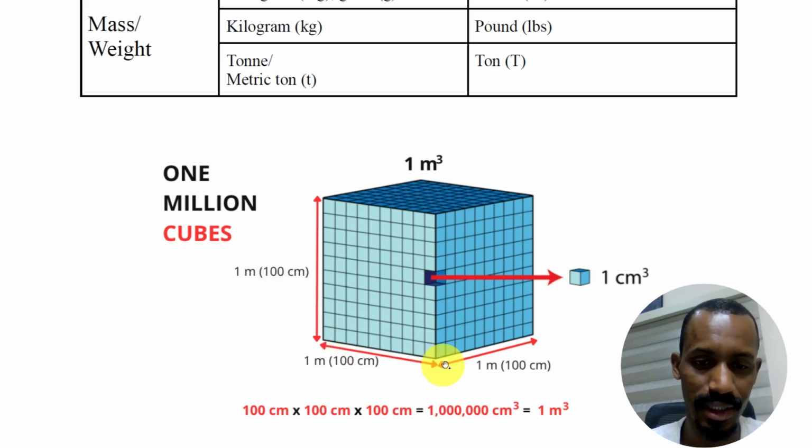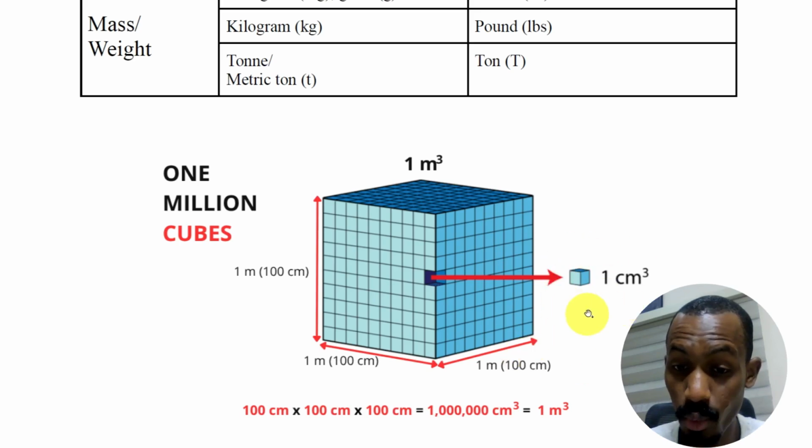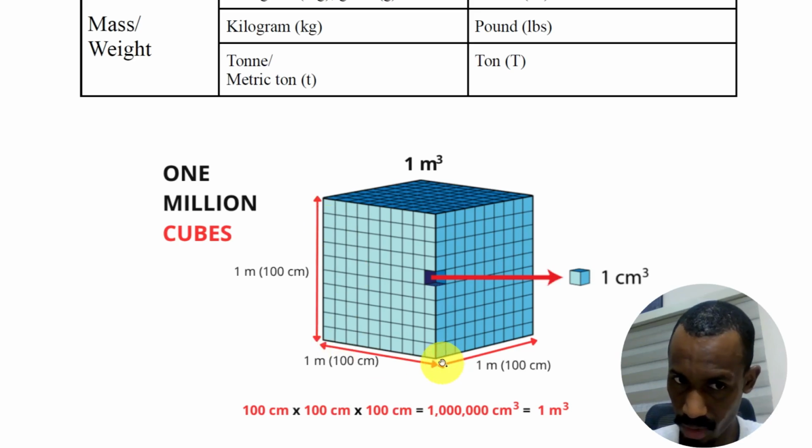So 100 centimeter times 100 centimeter times 100 centimeter gives you 1 million centimeter cubes. That means you will need 1 million of these cubes to create a 1 meter cube.